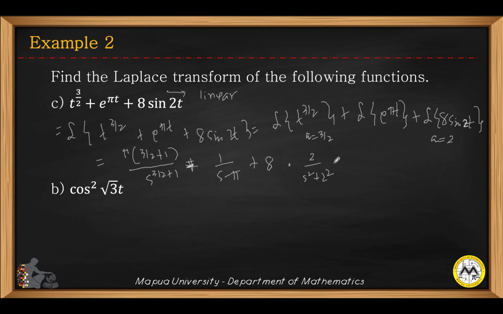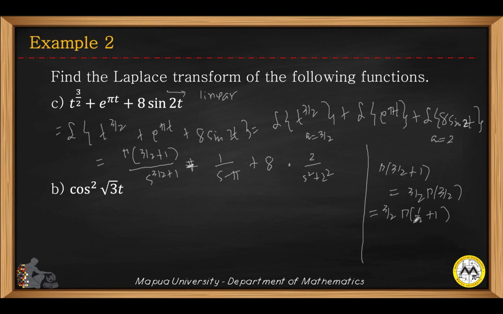But how do we simplify gamma of 3 halves plus 1? Gamma of 3 halves plus 1 is 3 halves times gamma of 3 halves. 3 halves can be expressed as 1 half plus 1.